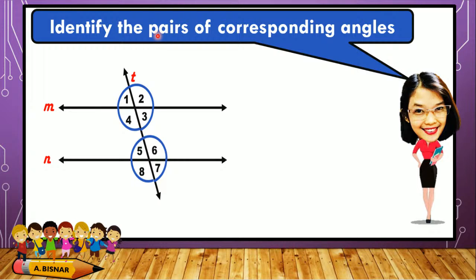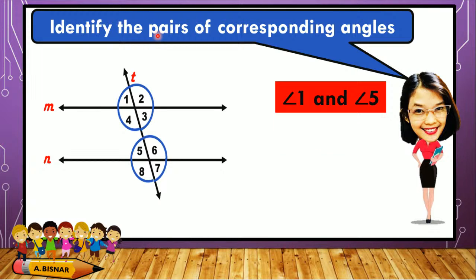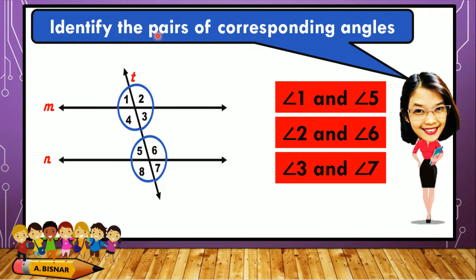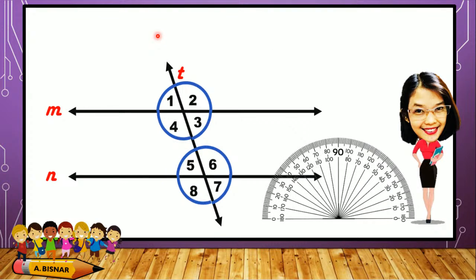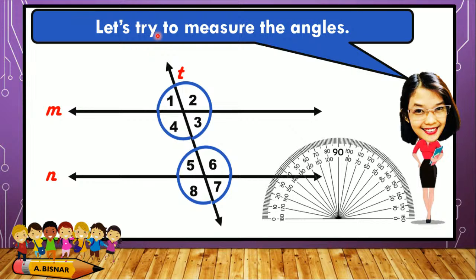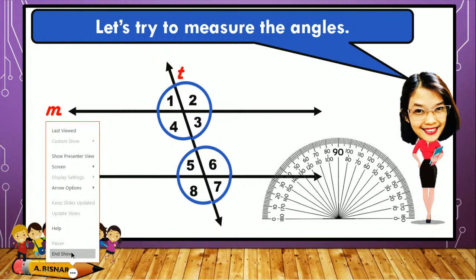Okay? 1 and 5, 2 and 6, 4 and 8, 3 and 7. Or 1 and 5, 2 and 6, 3 and 7, 4 and 8. So, these are the pairs of corresponding angles. Now, let's try to measure the angles using protractor. So, let's take an exit so that we can use the protractor.